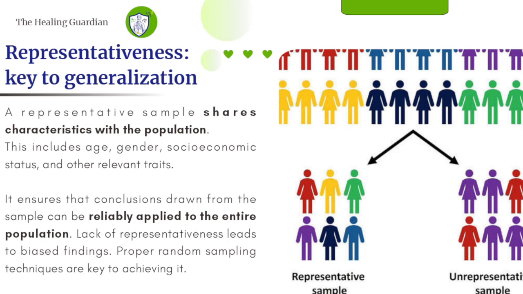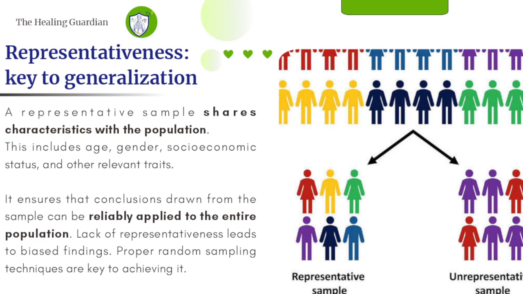So if it is age, you are doing a research, include people from various ages. If you are looking at gender, include people from various genders. If you're looking at socioeconomic status, include the rich and also the poor. There, the sample is representative. That is where stratified sampling simplifies things: you look at the various subgroups and you sample in every subgroup.